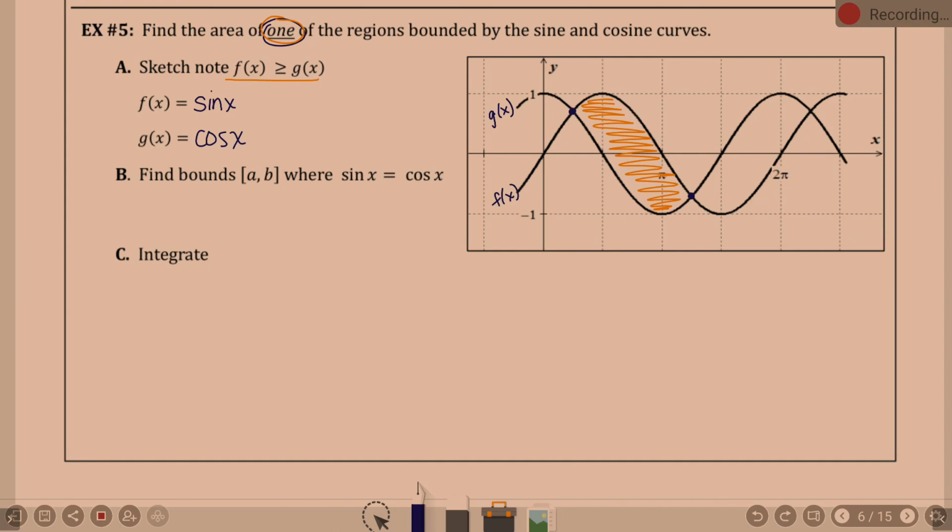If you go back to the basic trig reference chart, where are sine and cosine the same? Sine and cosine are the same at pi over 4, yes? So one of these values is going to be in regards to pi over 4, and it's going to be pi over 4 comma what?